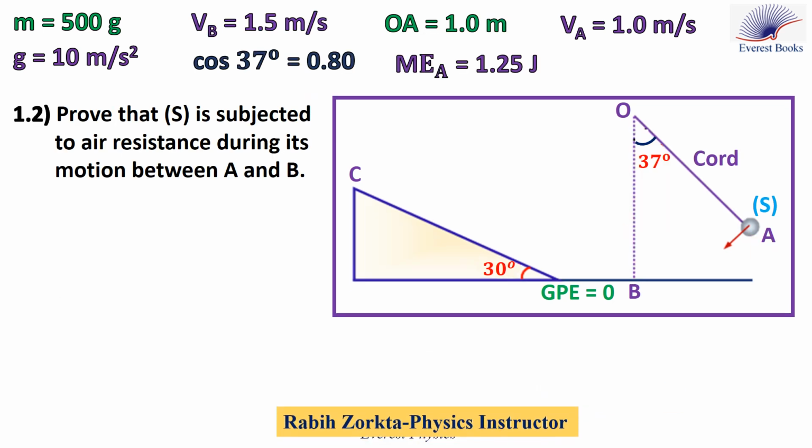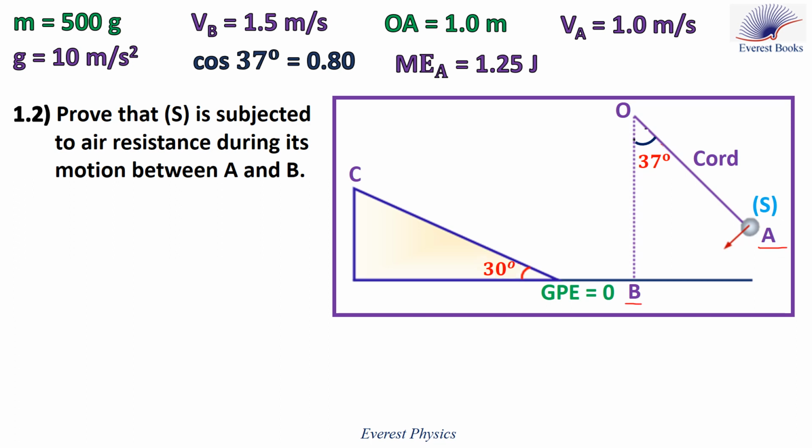1.2. Prove that S is subjected to air resistance during its motion between A and B. When S is subjected to air resistance, the mechanical energy at B should be less than that at A. So let's determine the mechanical energy at B. ME at B equals 1/2 m vb squared plus m g hb. Since B belongs to the reference level of gravitational potential energy, hb equals 0.